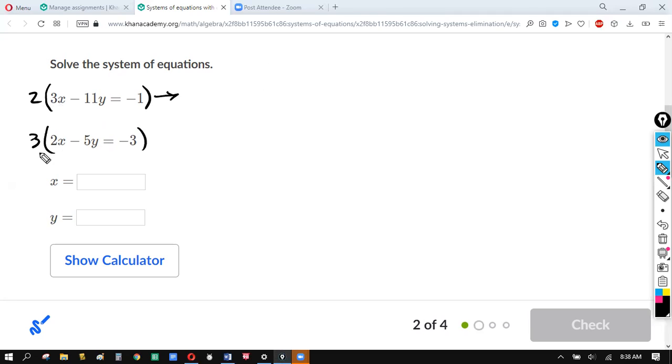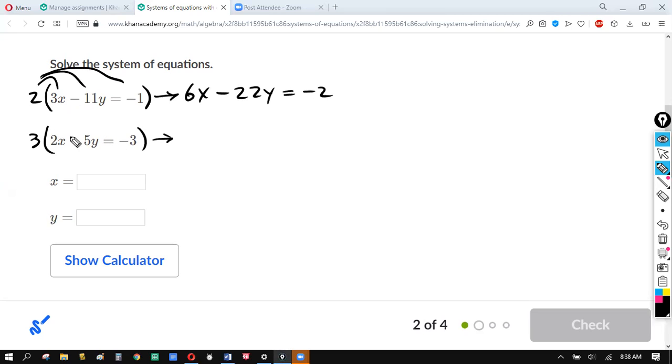So again, you can use negative 3 if you want. So you get 6x and negative 6x. It doesn't matter. 2 times 3x is 6x. 2 times negative 11y is negative 22y. And 2 times negative 1 equals negative 2.